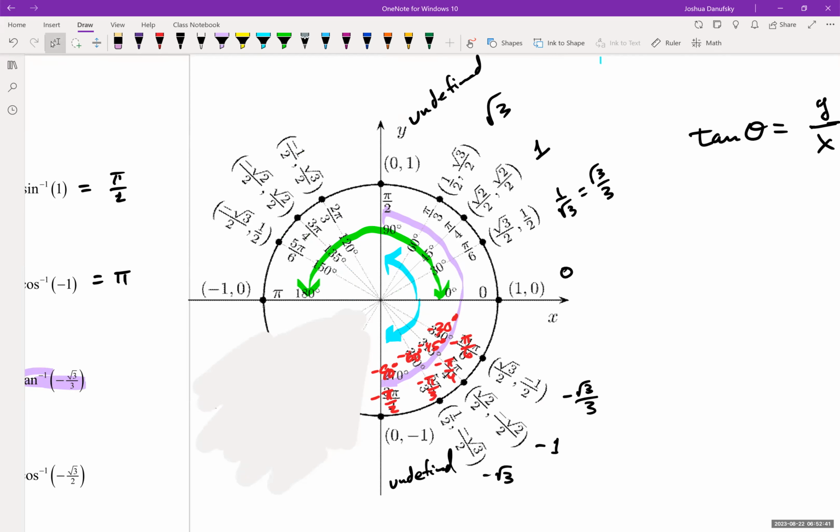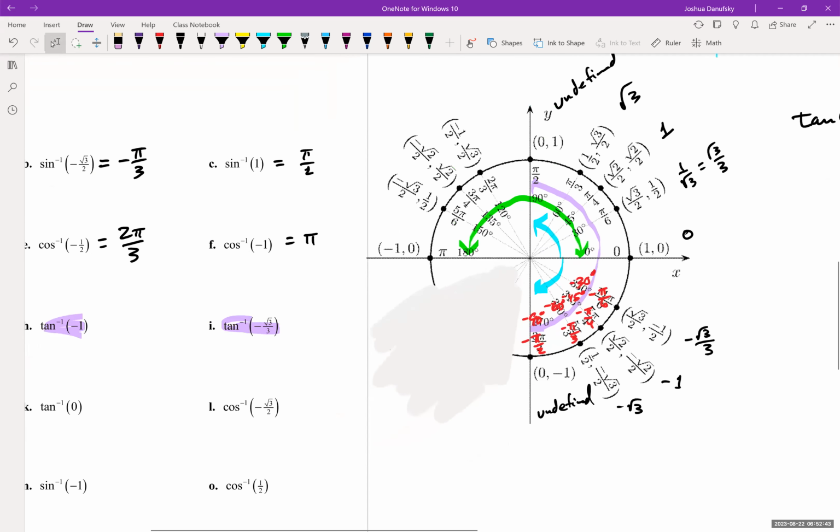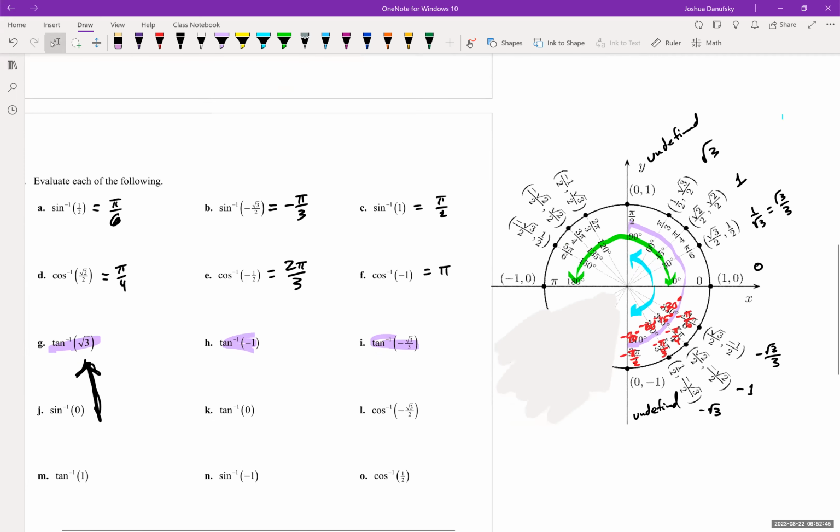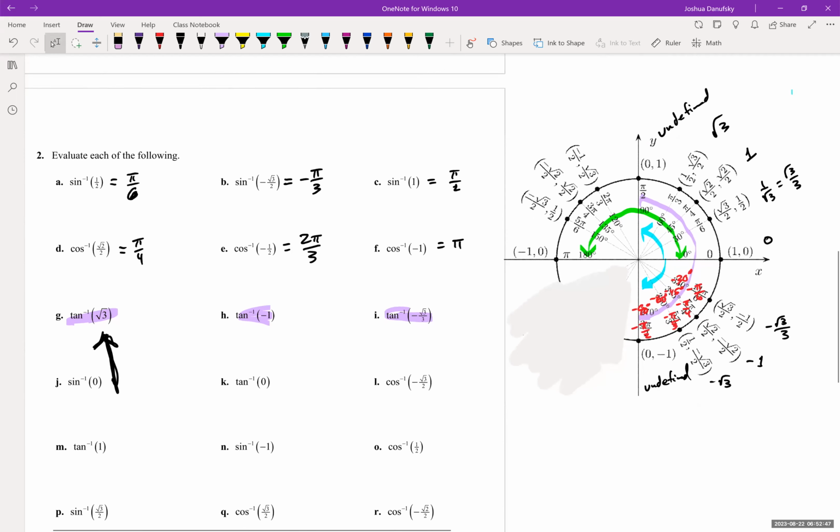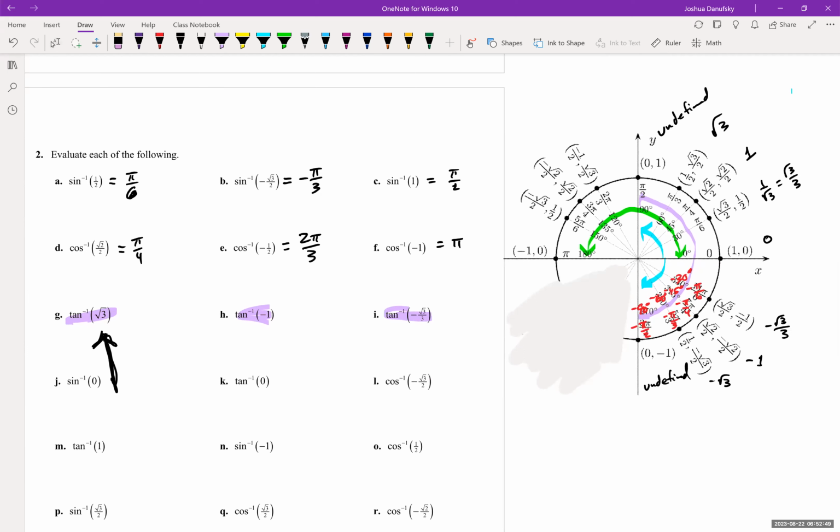So once we have those down, it becomes much easier to quickly see how to deal with these guys highlighted in purple. So I'm looking for a tan value of root 3, and we see that right here at pi over 3.